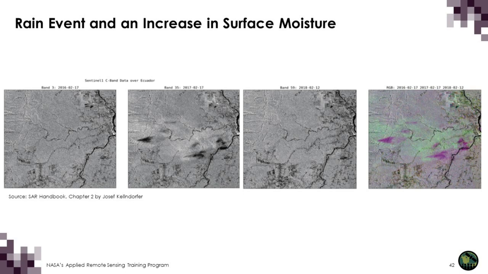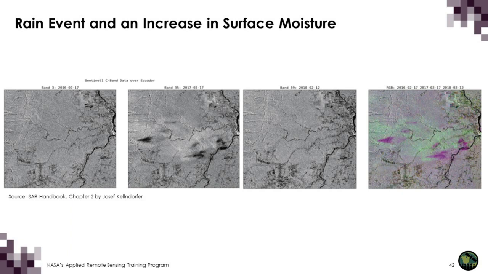Sentinel-1 images, which are the images from the European Space Agency, the ones we'll be using today in the demo, are C-band. And sometimes when you have really heavy rain events, these rain cells, the large amount of water in those cells can attenuate the signal. And so you have weird artifacts in the image.